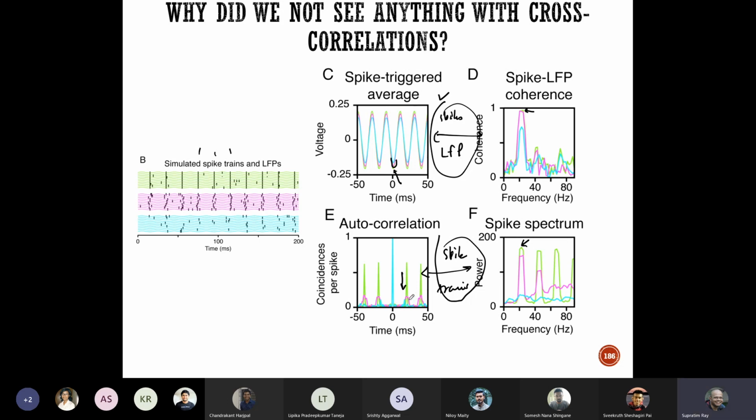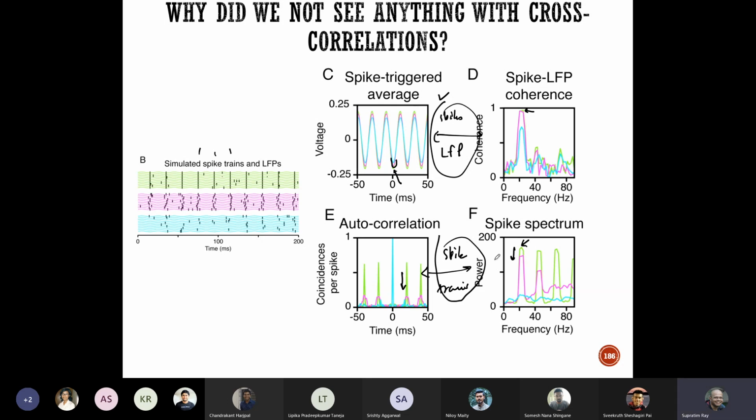This jitter is essentially spreading out this very sharp peak to a broadish peak. So now when you compute the spike spectrum, which is just the Fourier transform of this, there's quite a lot of reduction. Still there, but it's reduced.